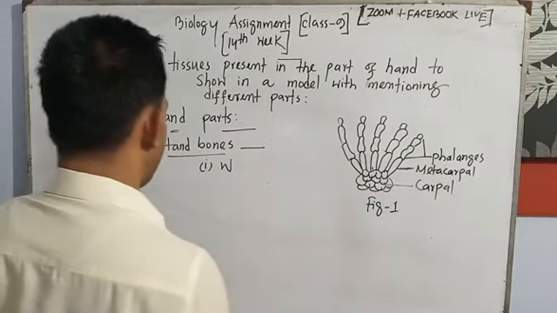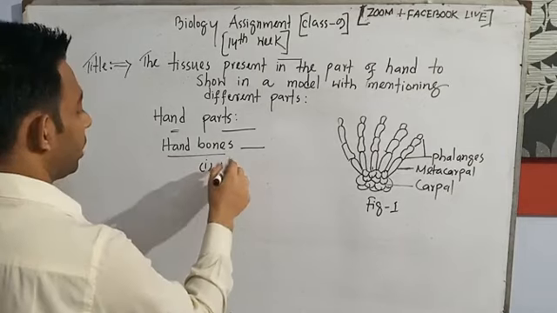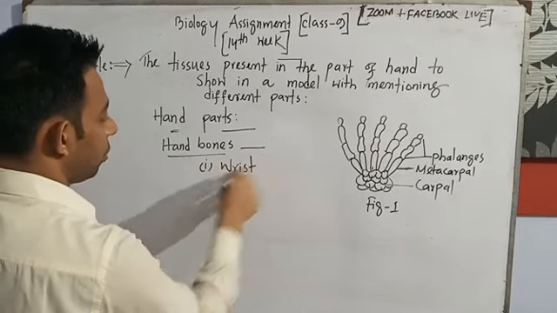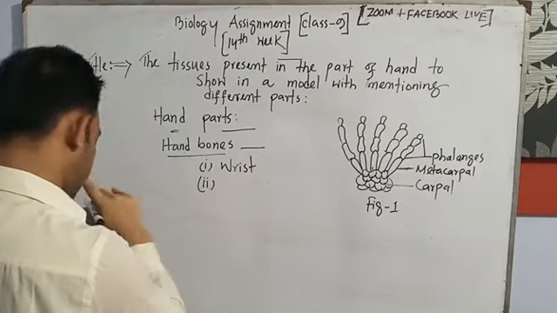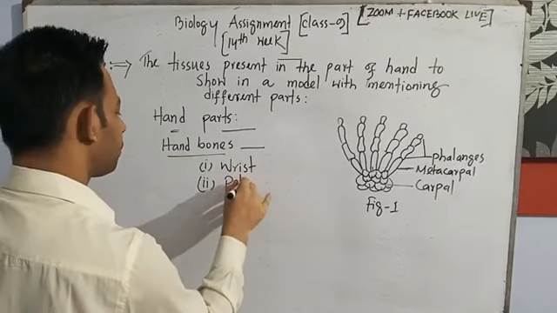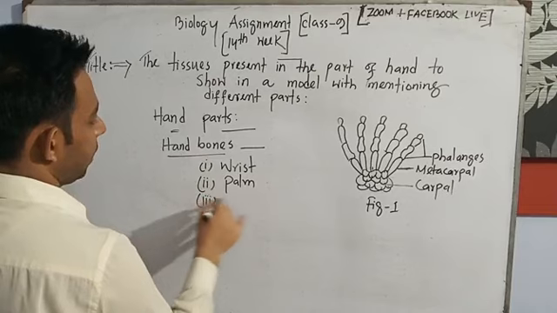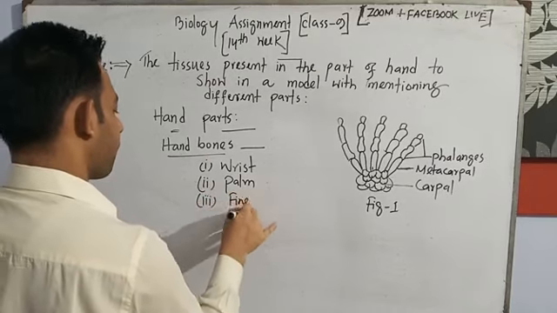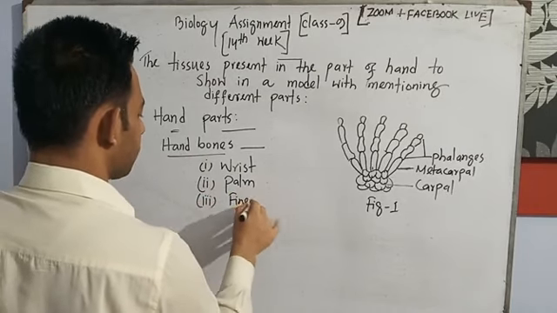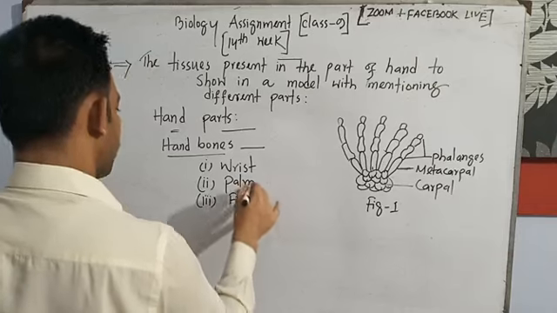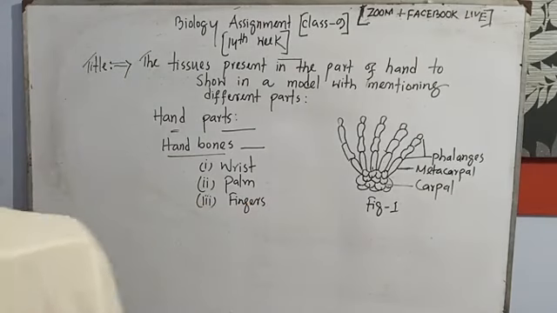Hand bones have 3 parts, we can see the wrist, then palm and fingers. Yes, and fingers. So wrist, palm and fingers. So what is the actual meaning of that?